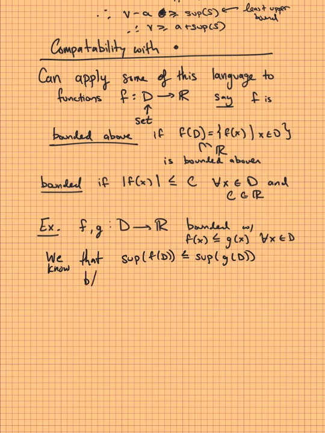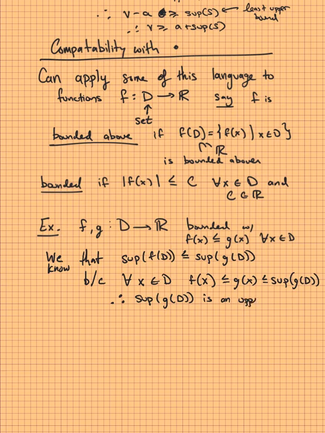The reason is, for every x in D, f of x is less than or equal to g of x, which is less than or equal to the sup of g of D. And therefore, the sup of g of D is an upper bound for f of D, so it is bigger than the sup of f of D.